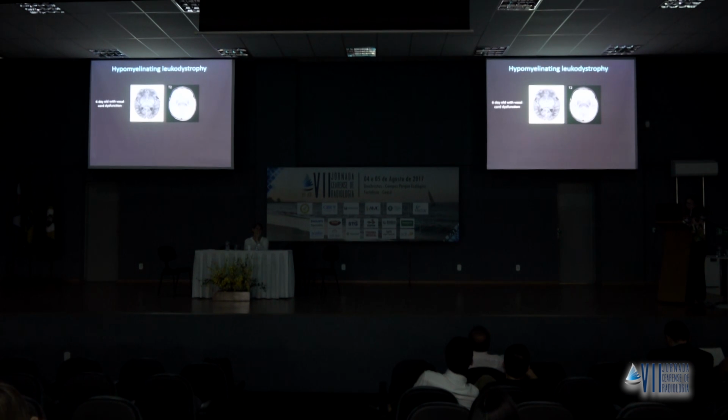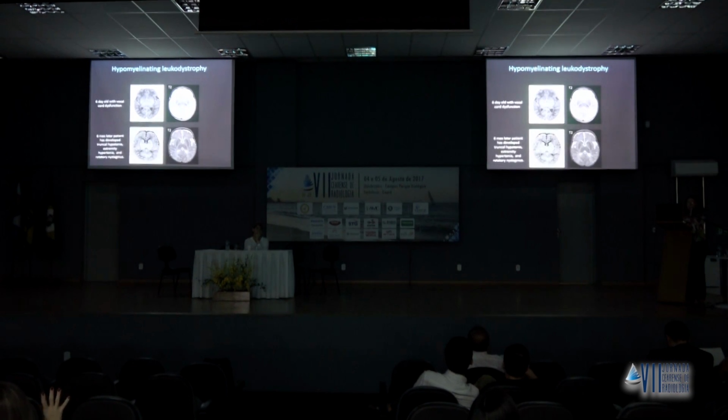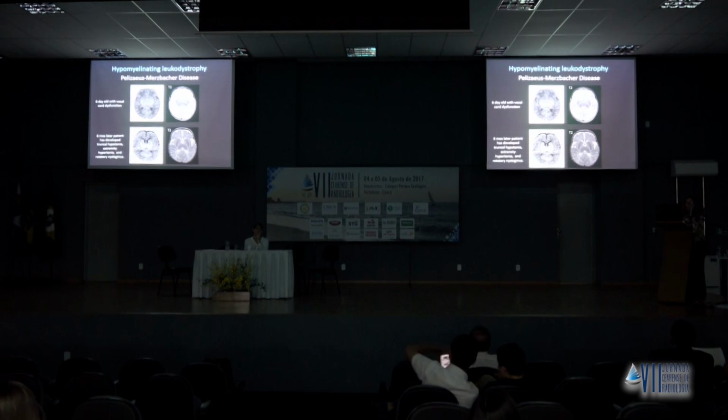We're concerned that we're dealing with a leukodystrophy, and 6 months later, the patient has truncal hypotonia, hypertonia, and rotatory nystagmus, and there's been no progression of myelination. Notice again, we don't have enough myelin there, and this is a classic example of Pelizaeus-Merzbacher disease, which is a hypomyelinating syndrome.